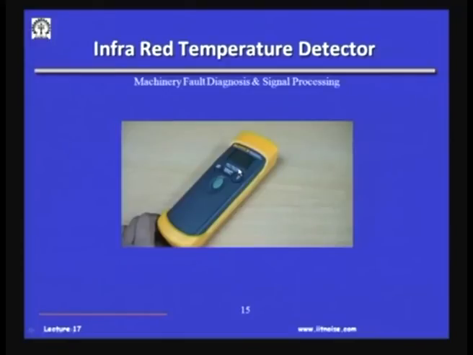It is set for a particular emissivity, but there are very sophisticated versions of this infrared temperature detector wherein you can choose and select the emissivity. You can have a plot or storage of the temperature automatically over a period of time, and there are many places where we physically cannot go to measure the temperature. We can aim this at that surface.